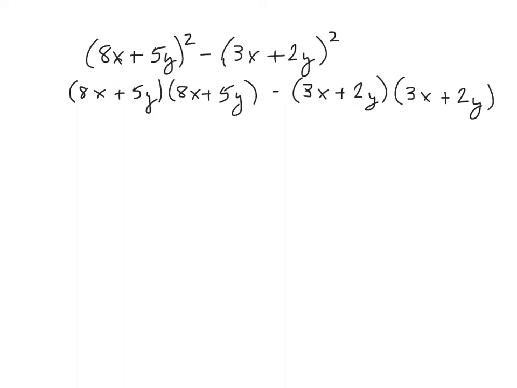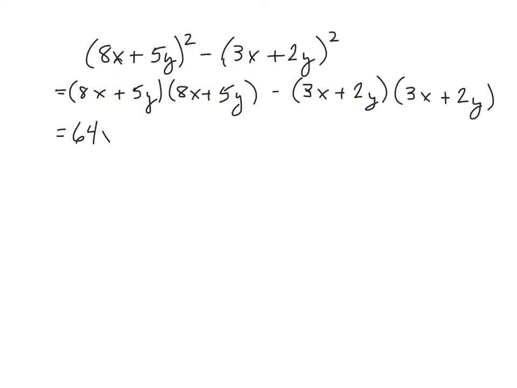So now we're going to use the FOIL process, if you want to think of it that way, or distribute like we did earlier: 8x times the 8x and the 5y in the other set of parentheses.